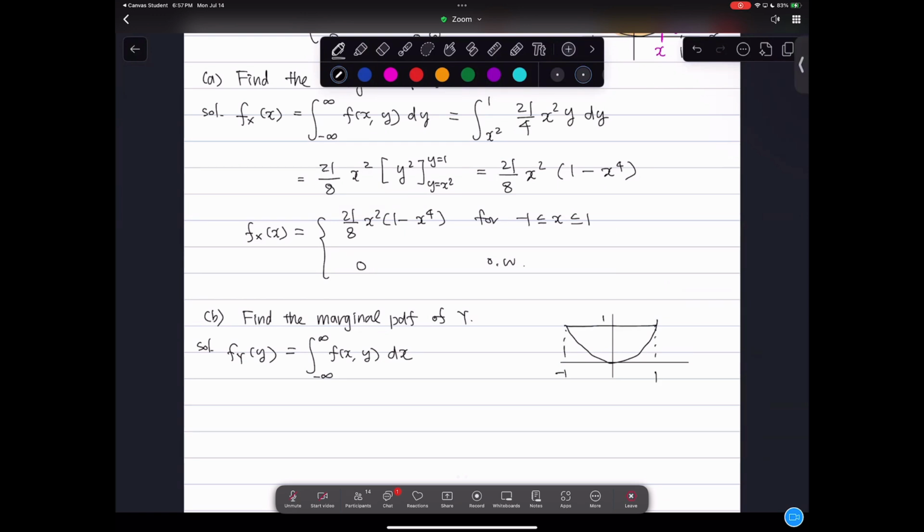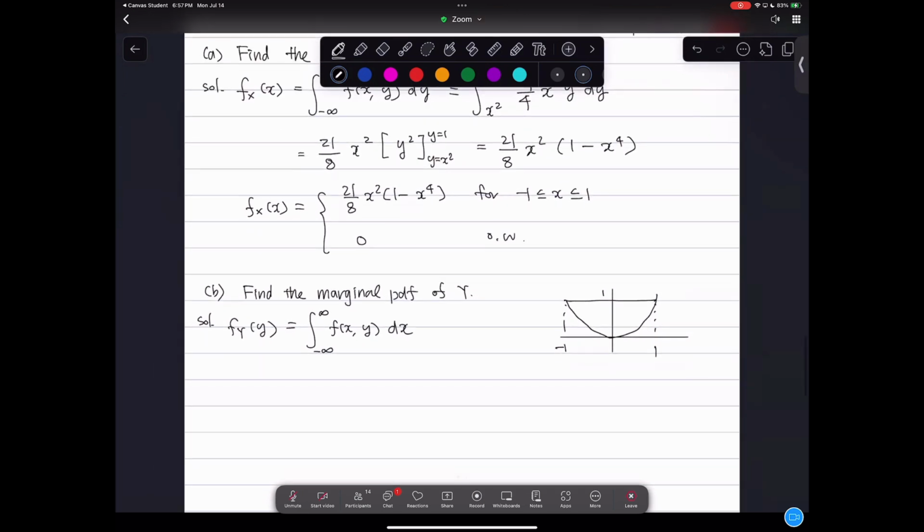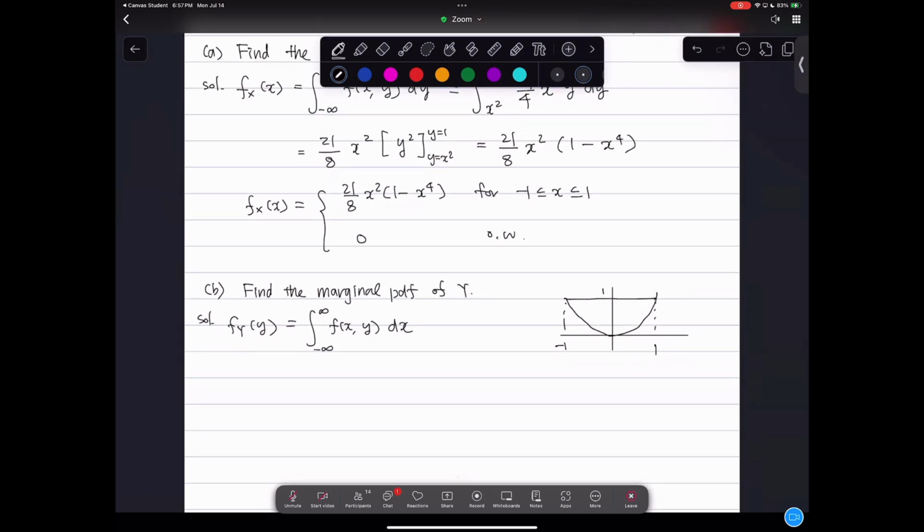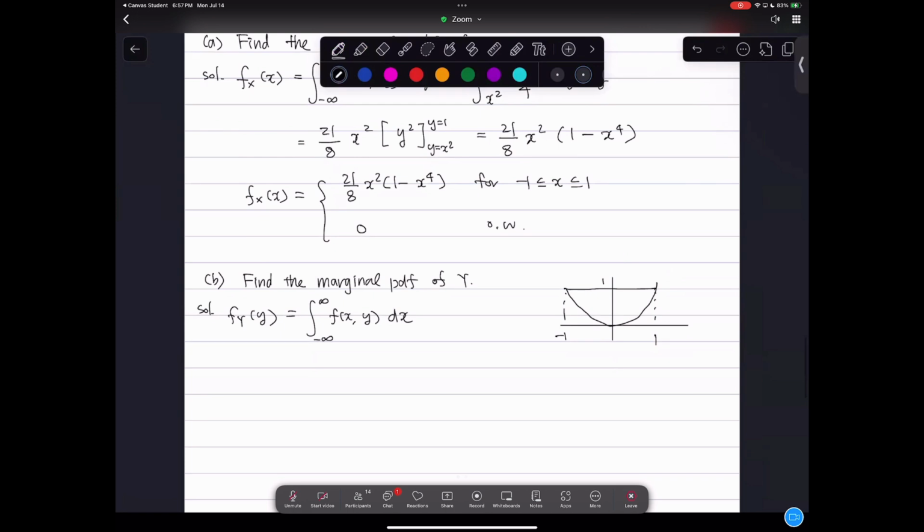So I'm trying to integrate your joint density with respect to x, going your x value from any x value for any given y. So y is right here. Any given y, you're integrating from this to this.